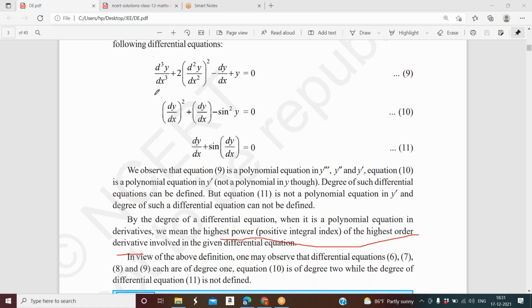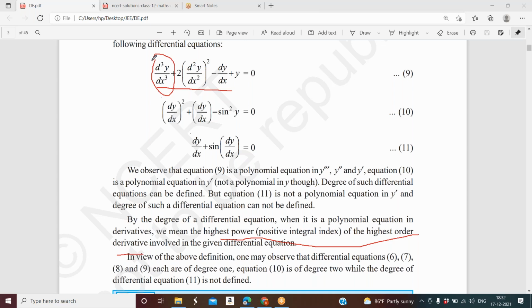So in the first equation, the highest derivative is d cube y by dx cube. Here y is differentiated with respect to x 3 times. In the second term, y is differentiated 2 times, and in the third term, 1 time. So the highest derivative is d cube y by dx cube.